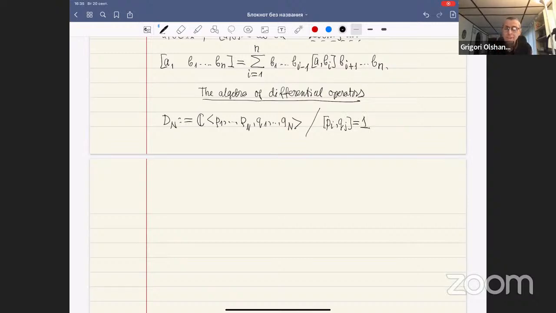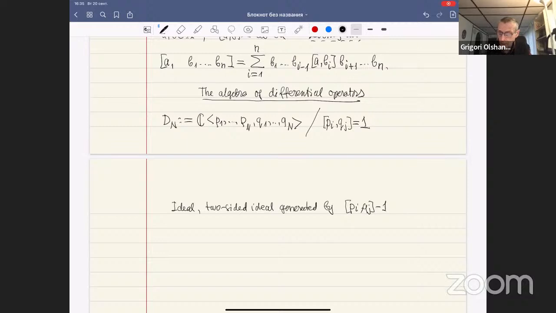So is it clear what I mean here? In a more pedantic way, I have to introduce the ideal, the two-sided ideal generated by elements of this form, and take the quotient over this ideal.